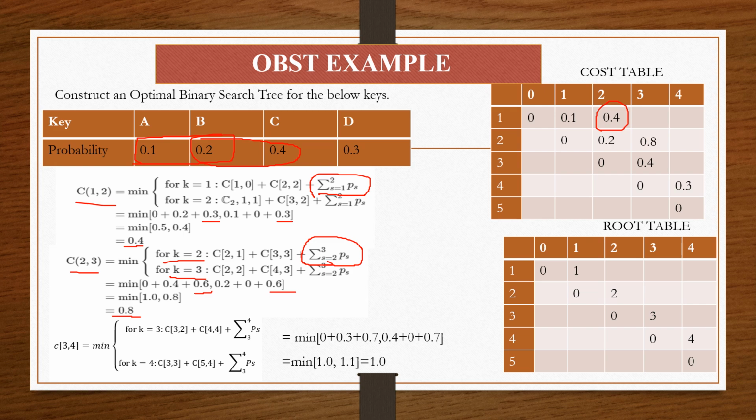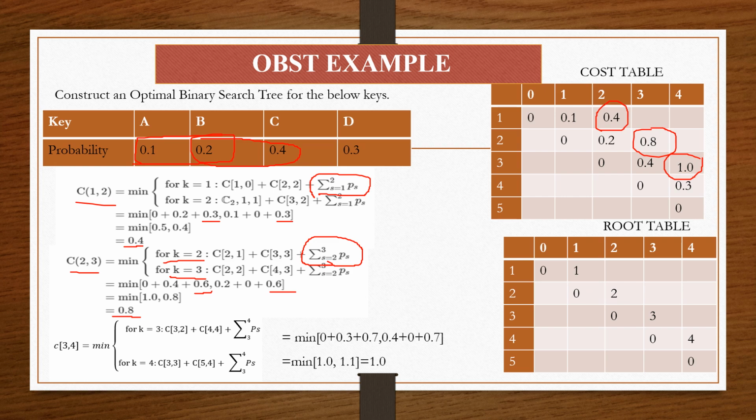So 0.8 here, 0.8 for 2 to 3, and for 3 to 4 it is 1.0. Yes, we have entered the table. So similarly we have to enter the root values also for these values.